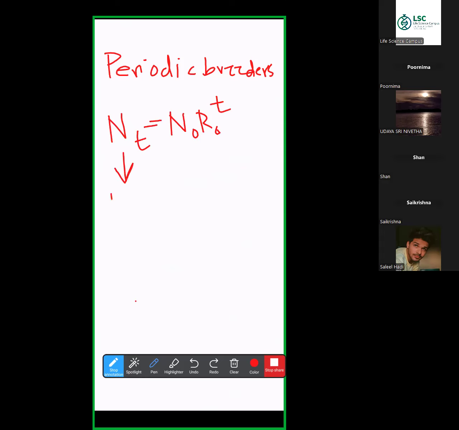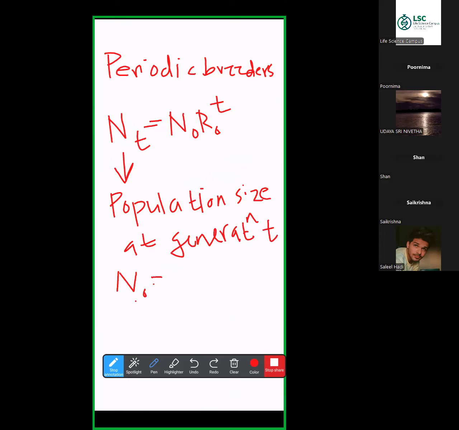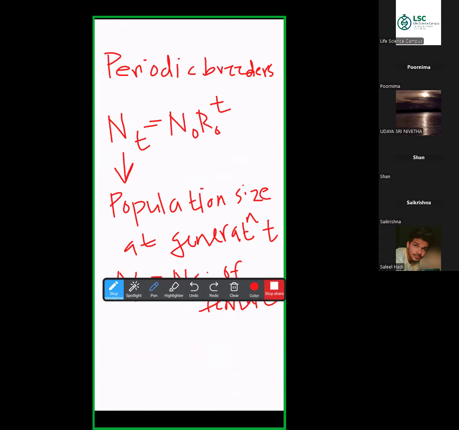Nt is population size at generation t. N0 is the number of females. And t is the number of generations.